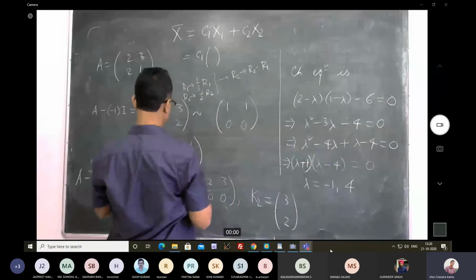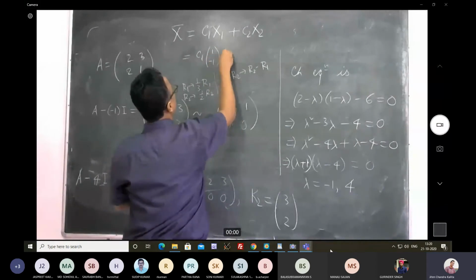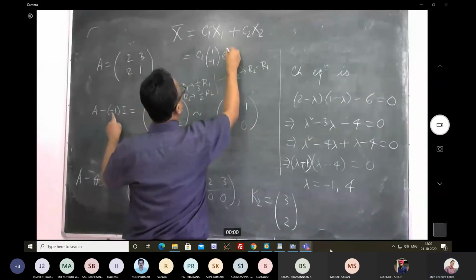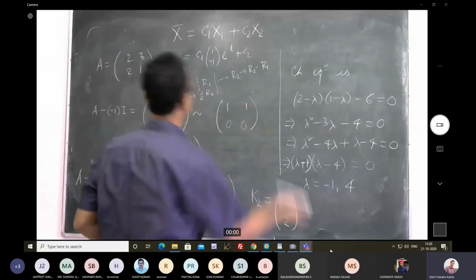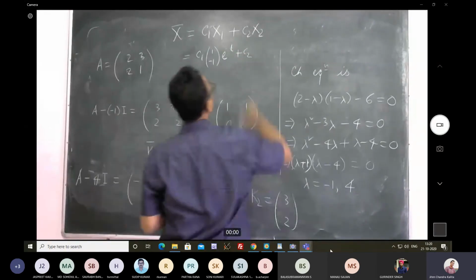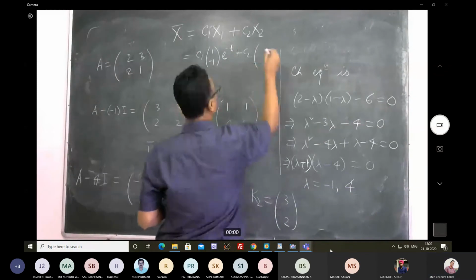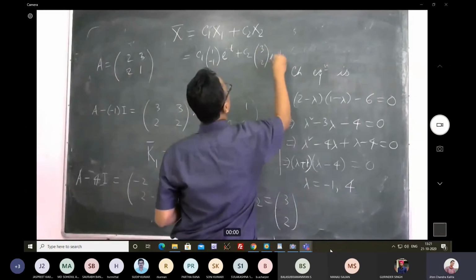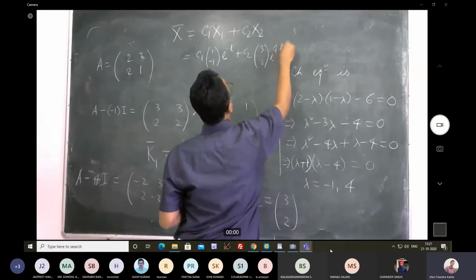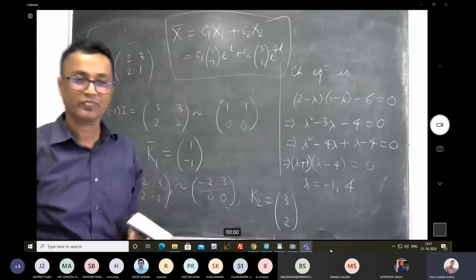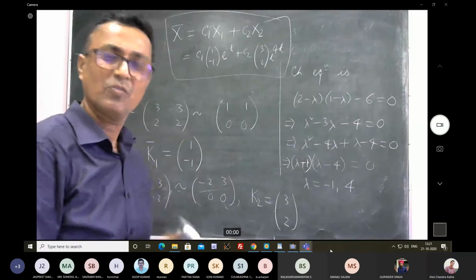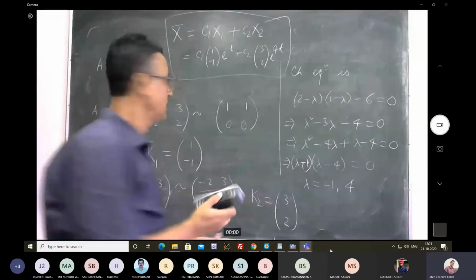So this is C1 times (1, minus 1) e to the power minus t plus C2 times (3, 2) e to the power 4t. Is it okay? Fine? Yes? Okay.